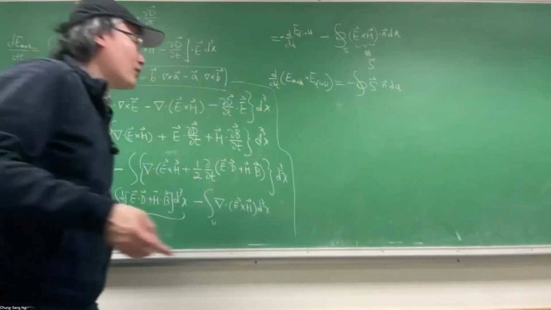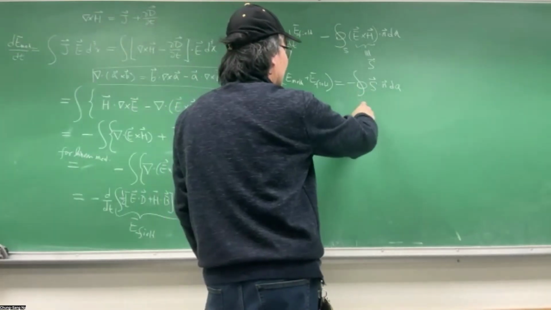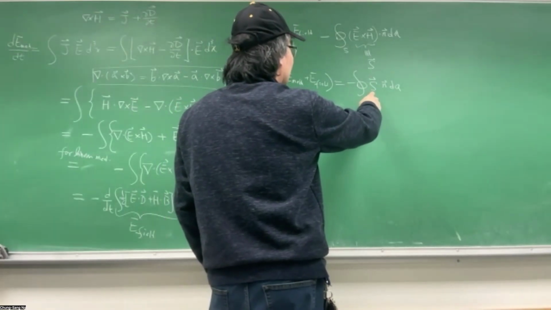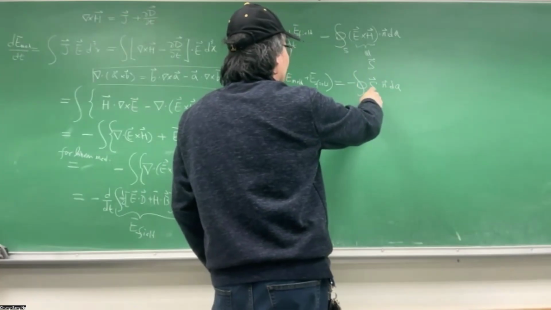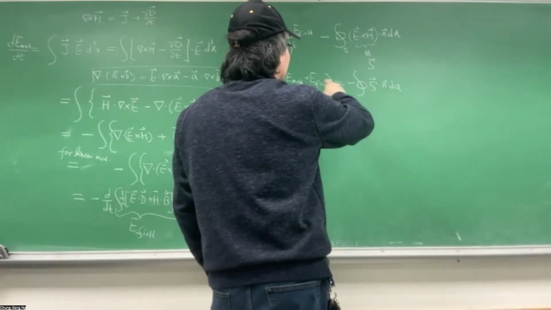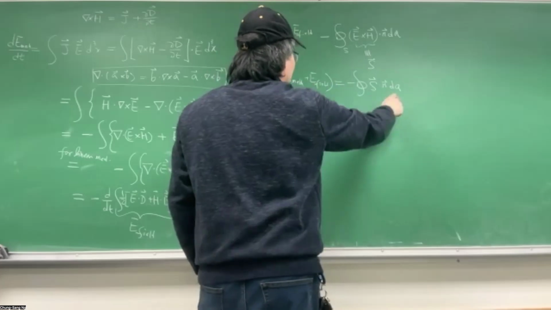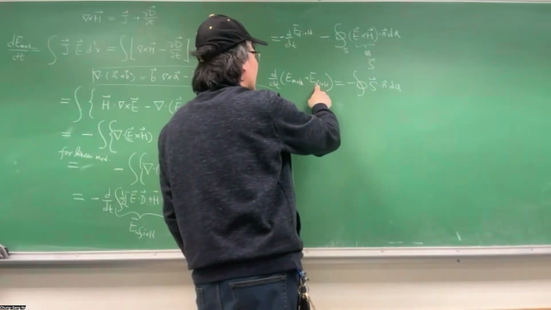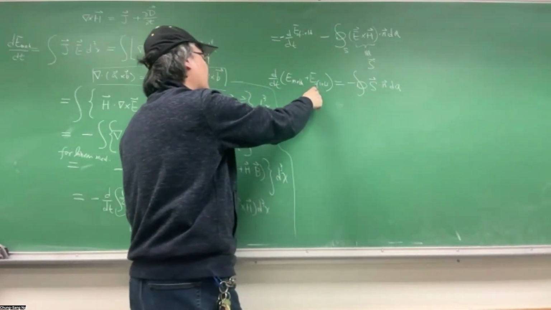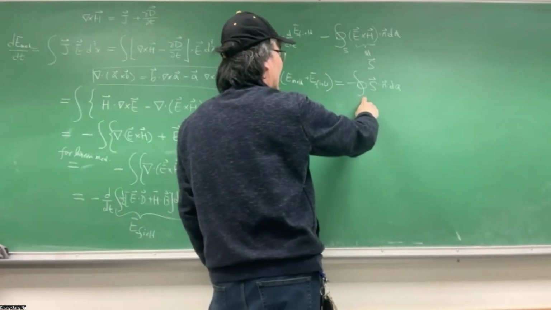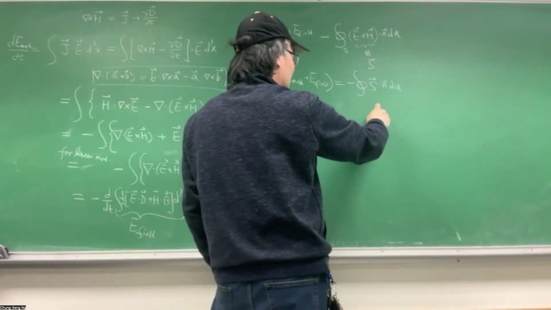Whatever quantity does something like that is a flux. So if this is positive, then it means the total quantity will be negative. The mechanical energy plus field energy will decrease. So this integral itself represents the energy that goes out of the volume.